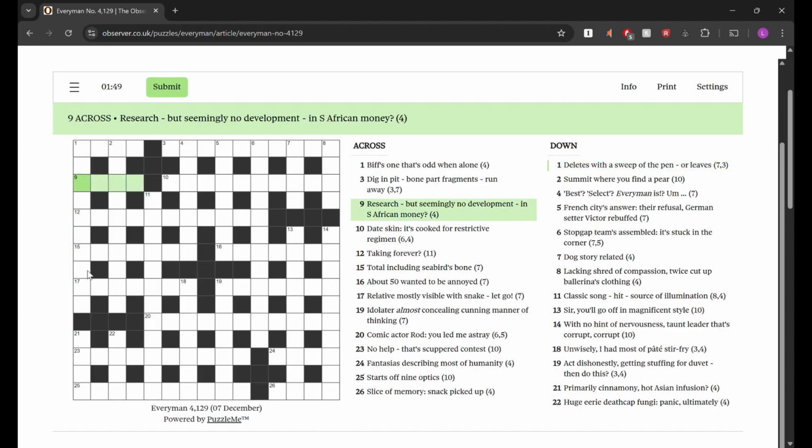9 across. Research, but seemingly no development in South African money. Well, South African money is rand. Research, but seemingly no development.